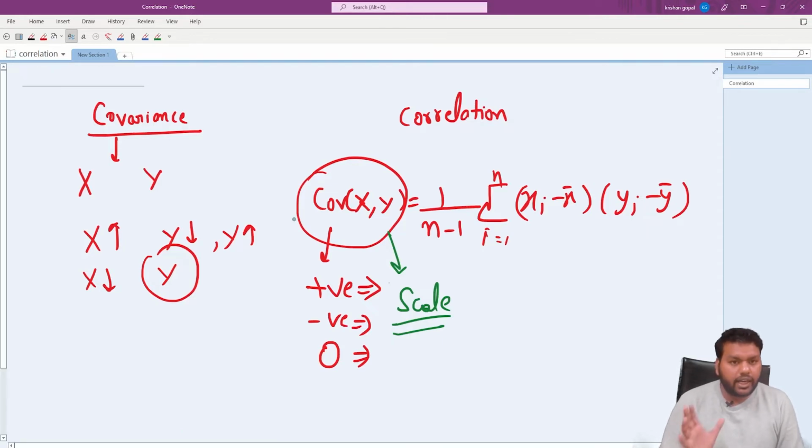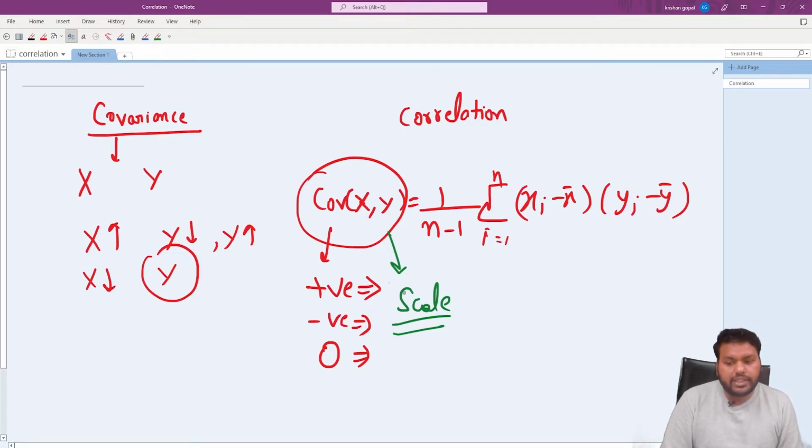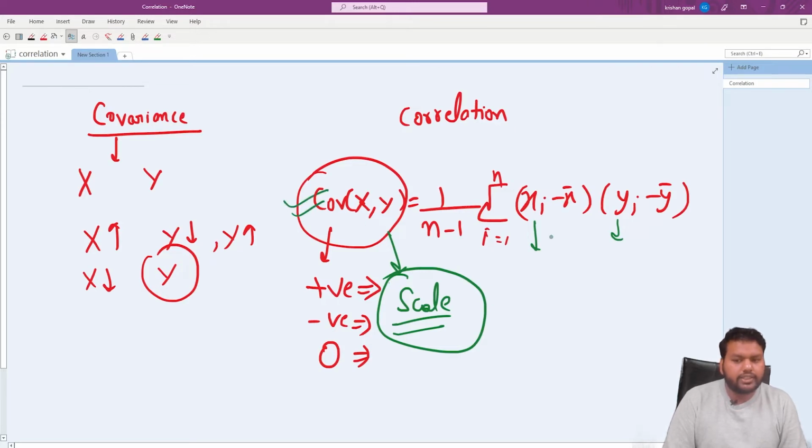If you measure height and weight in meters and kilograms, the covariance you get is not the same as if you measure them in different units. That means covariance is a scale dependent property, because if x is the height and y is the weight and you find the covariance, you get it in units, and if you measure in different units, you get a different covariance for the same sample. So covariance depends on the scale.